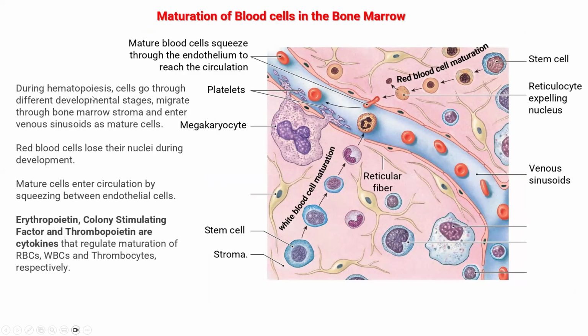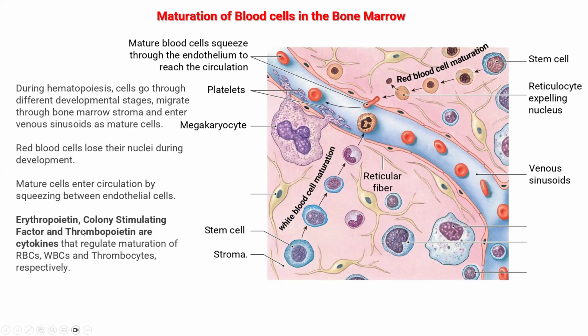During hematopoiesis, cells go through different developmental stages, migrate through the bone marrow stroma, and enter the venous sinusoids as mature cells. Red blood cells lose their nuclei during development, so a mature red blood cell has no nucleus. Mature cells enter circulation by squeezing between endothelial cells.